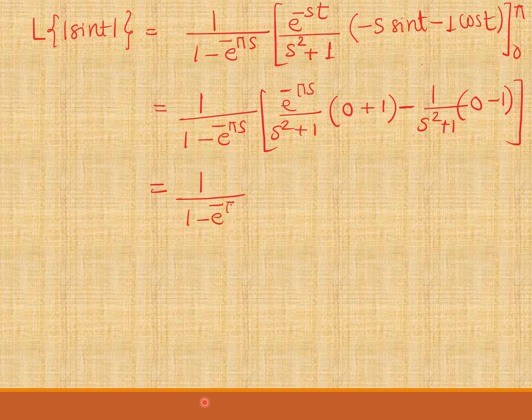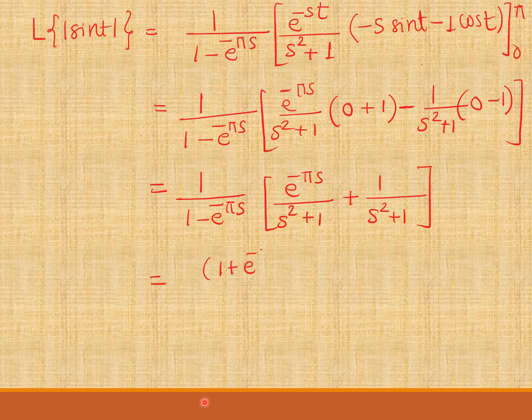So we have e raised to power minus pi s upon s square plus 1 plus 1 upon s square plus 1. And the Laplace transform of mod sin t is 1 plus e raised to power minus pi s upon 1 minus e raised to power minus pi s into s square plus 1.